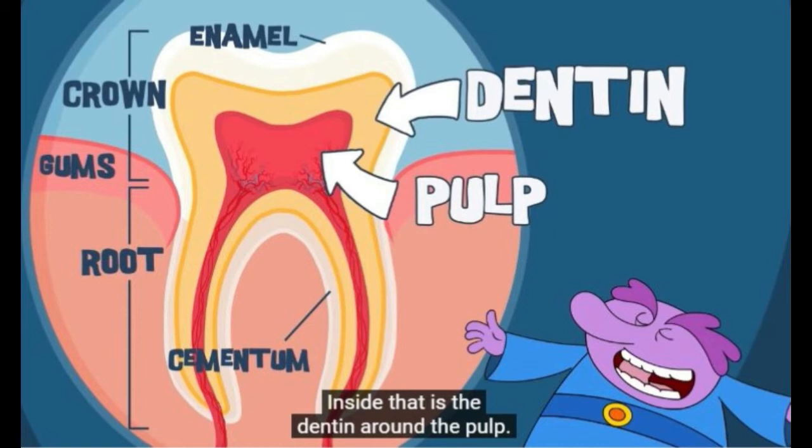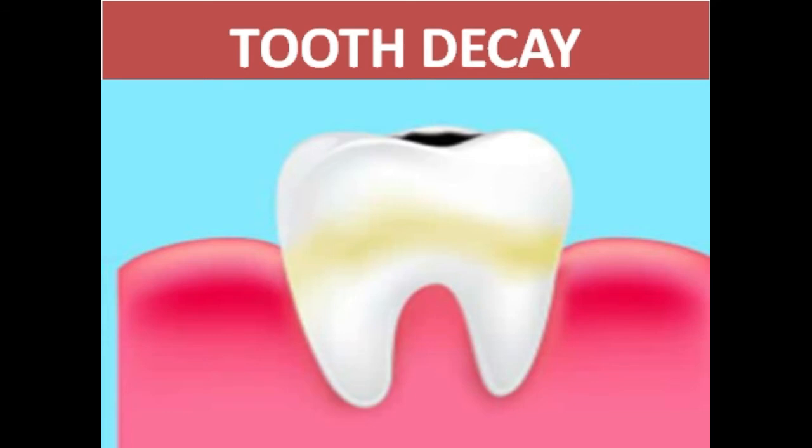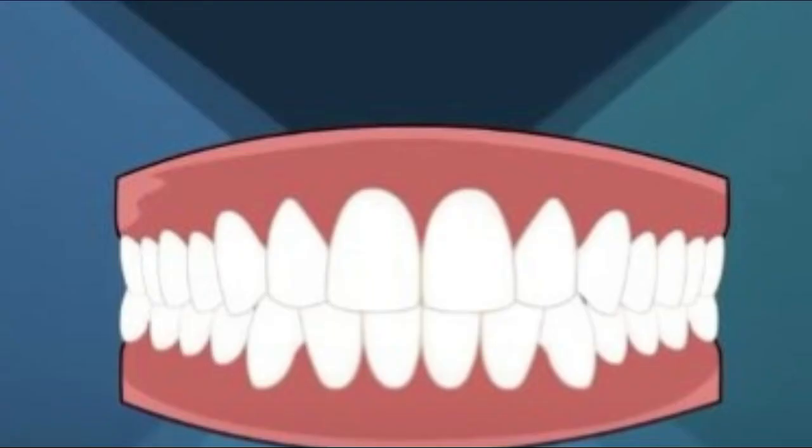Each tooth is covered with a hard white layer called enamel. Enamel is the hardest substance in our body. Enamel prevents tooth decay and it also gives color to our teeth.